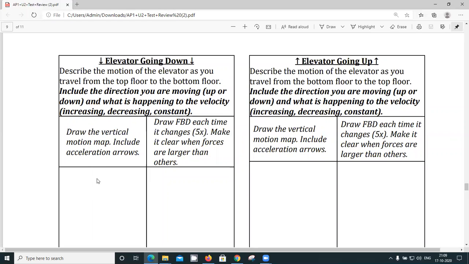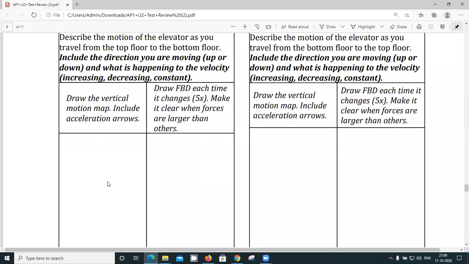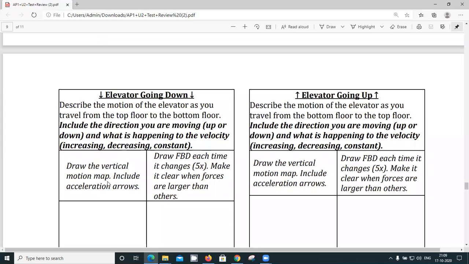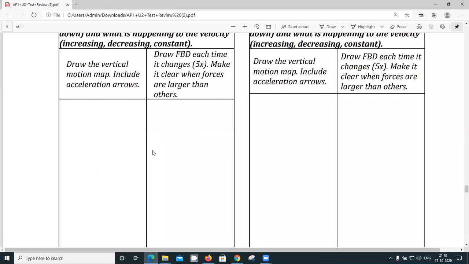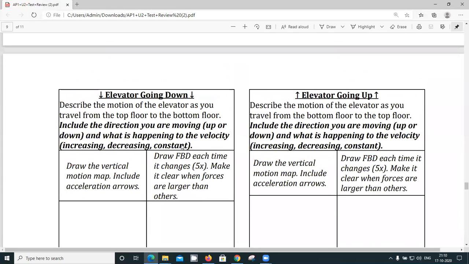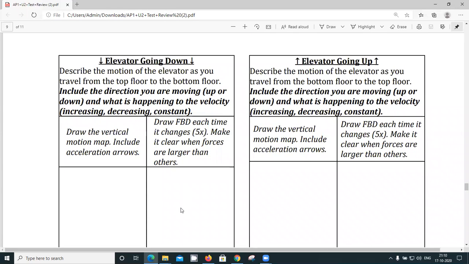Okay, so what are the forces acting? FN and FT and FG. What is FT? Force of tension.